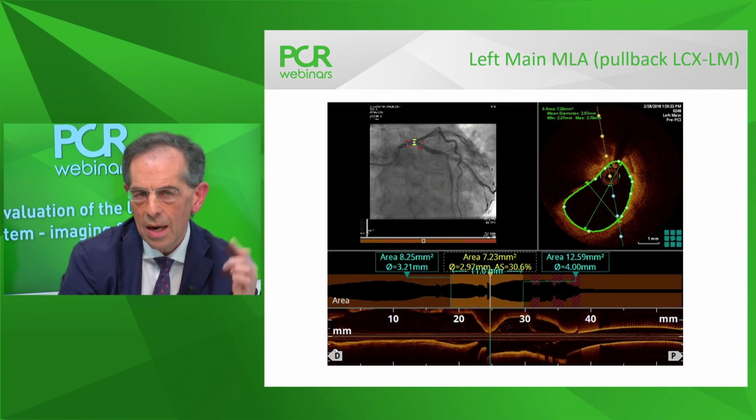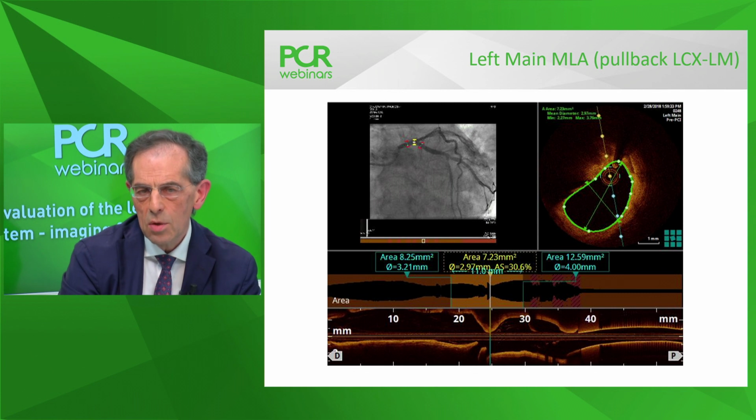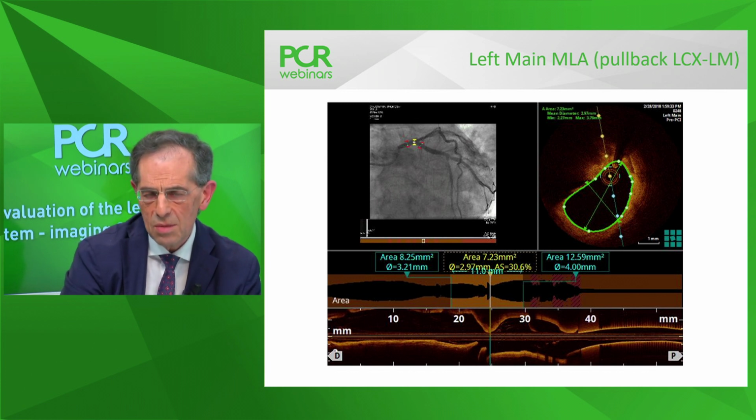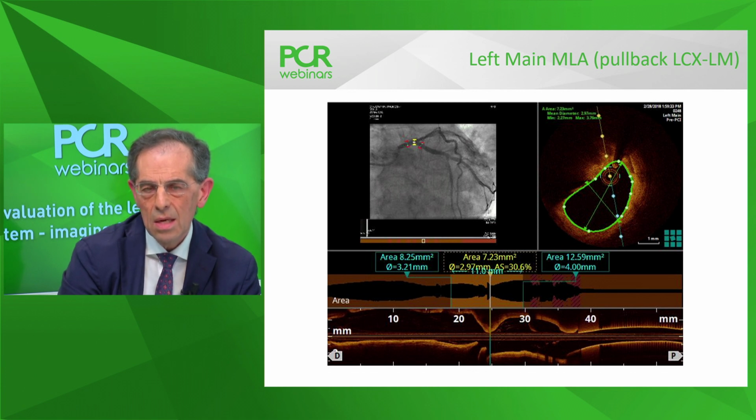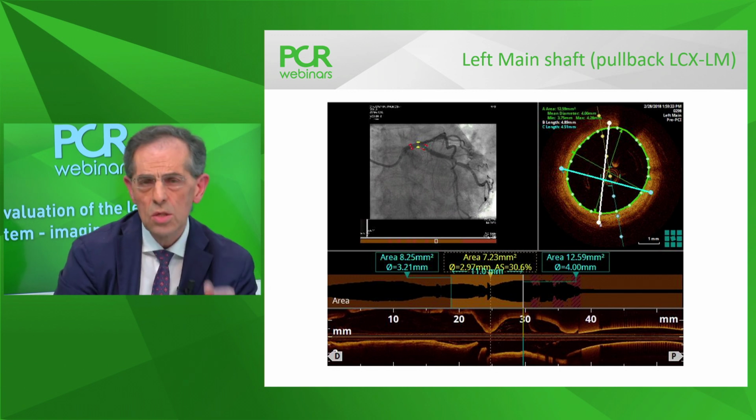Going to the other pullback from the circ, again you can see the correspondence between more or less the two pullbacks at the level of the distal left main. You may see that at this point there is 30% residual stenosis, with a cross-sectional area that is in any case quite close to 6.